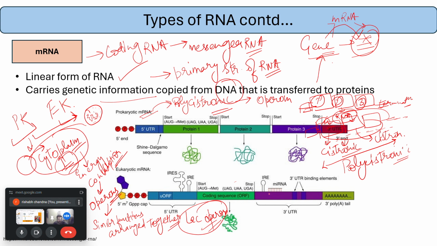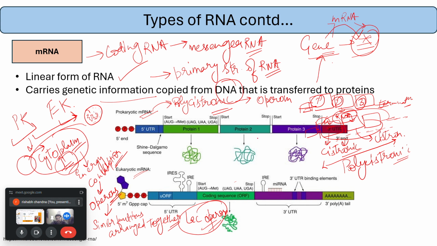Okay, as you can see in the diagram itself. Now, as we see in the eukaryotic mRNA, as the complexity increases from prokaryotes to eukaryotes, we have more wide genome content as compared to the prokaryotes. In that case, there is more regulation in terms of production of particular proteins, from DNA to RNA and from RNA to proteins.